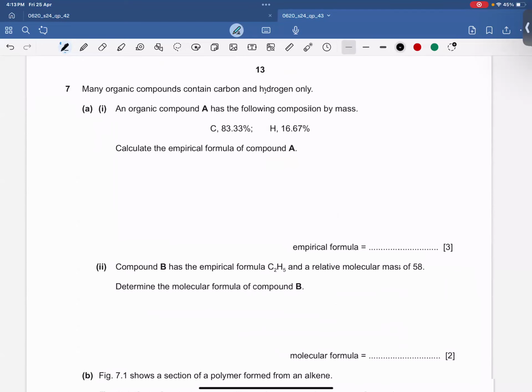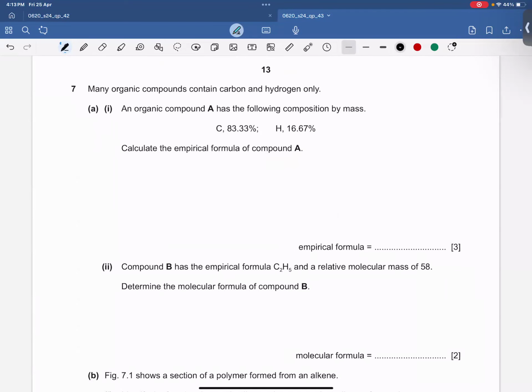Question number 7. My goodness, calculation again. An organic compound A has the following composition by mass. Calculate the empirical formula of compound A. This is carbon 83.33 divided by 12. This is hydrogen 16.67 divided by 1.